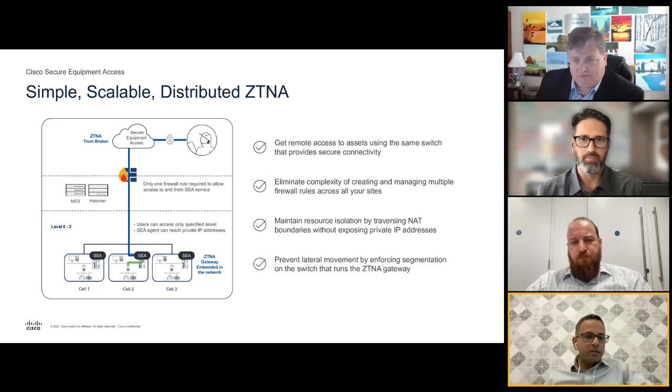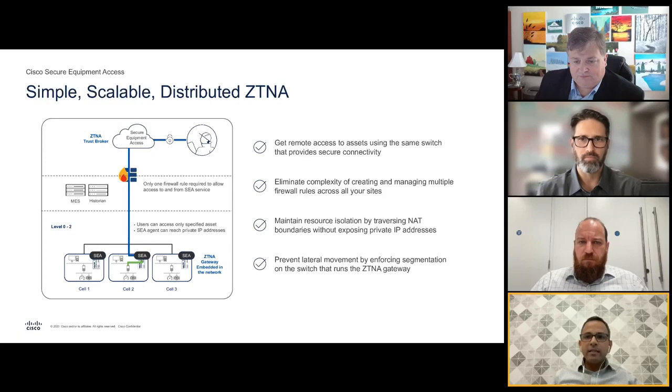That part comes directly embedded in the network itself. And so now you have remote access to the assets using the same industrial switch or industrial router that you're using to connect this environment, right? That's the first major benefit.